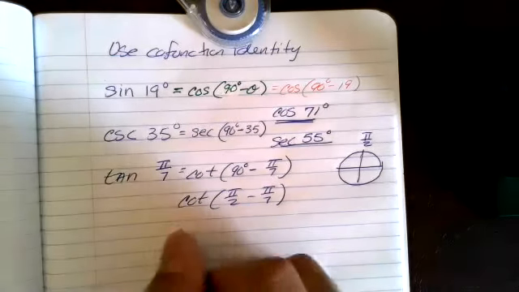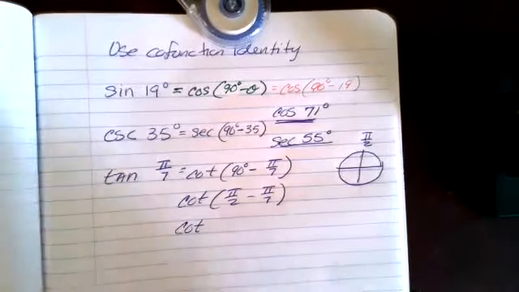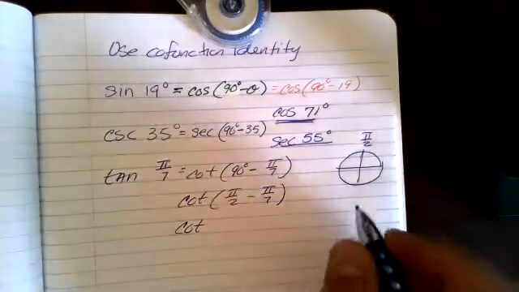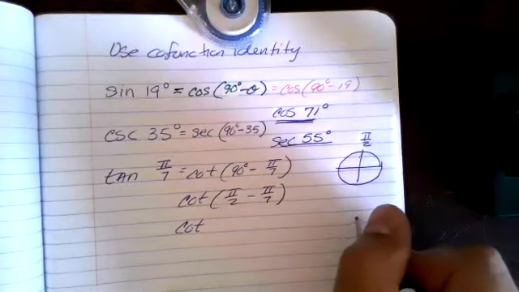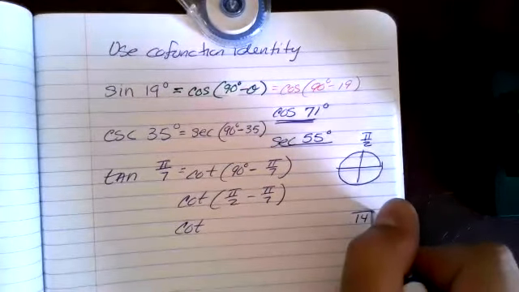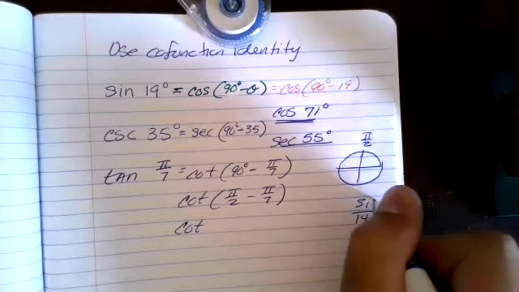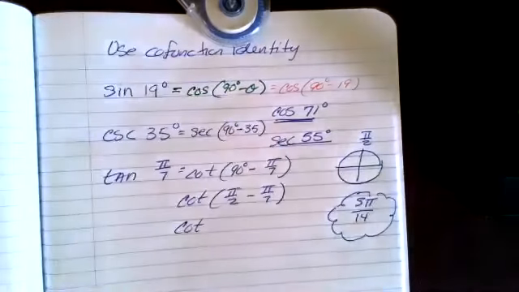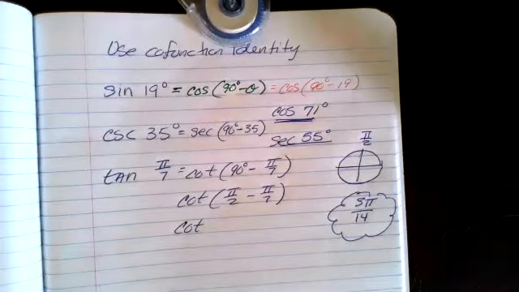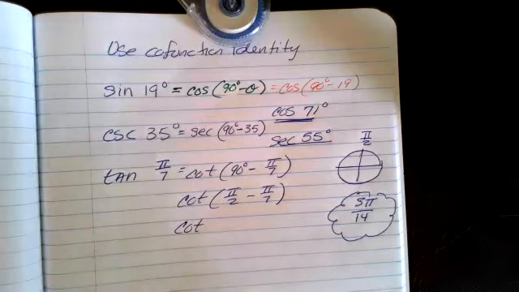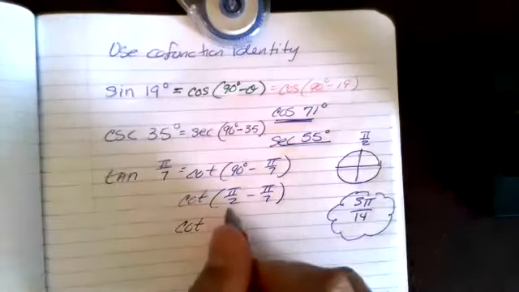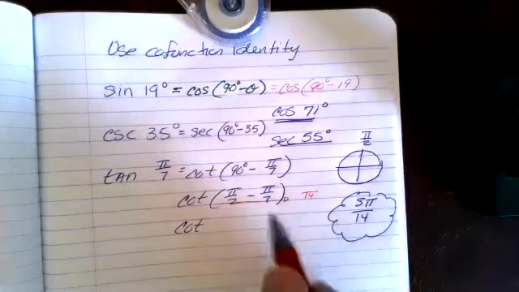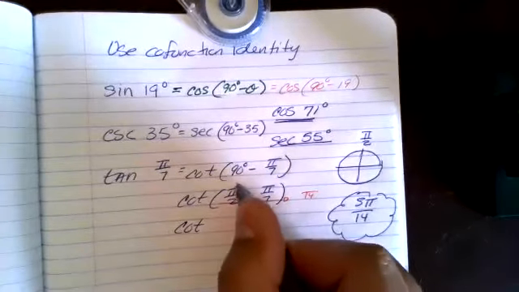Right? And then that's going to be cotan of what? What's pi over 2 minus pi over 7? Can you do that quickly? I know what it's going to be. My denominator is going to be 14, and I'm going to have 5 pi. This is my guess, 5 pi over 14. And how I did that is I multiply the denominators, and that's where my 14 came from. And then I cross multiply from the bottom up.